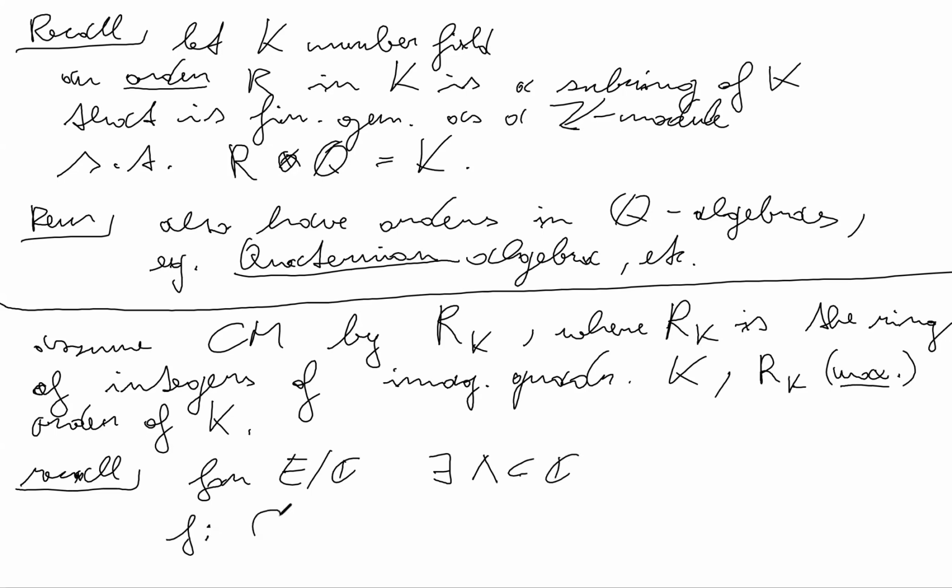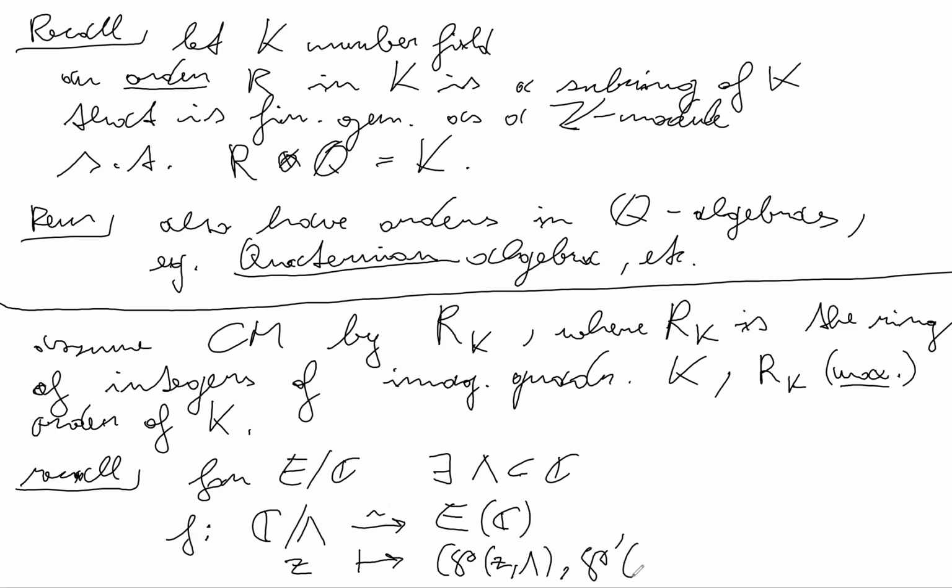So we have a map from C mod Λ, which actually is an isomorphism to this elliptic curve, which sends z to, and then we looked at these Weierstrass ℘ functions the other time, which depend on the input parameter z and also depend on the underlying lattice. Right, and x gets sent to ℘ and y gets sent to the first derivative.